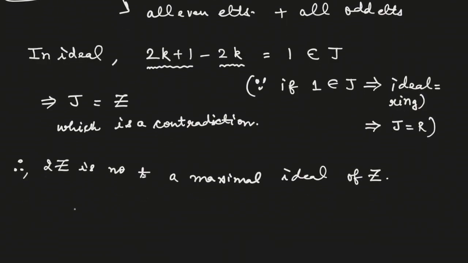Next, if I consider this example, ring is the set of integers, ideal is 4Z.